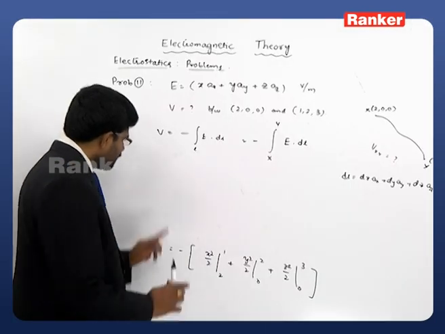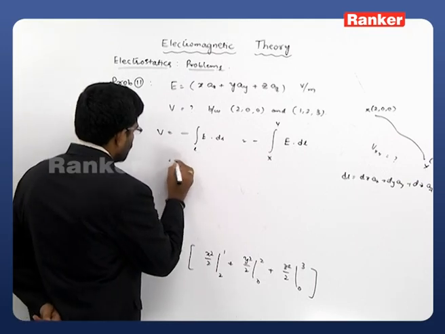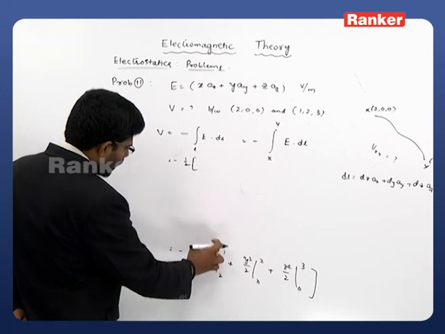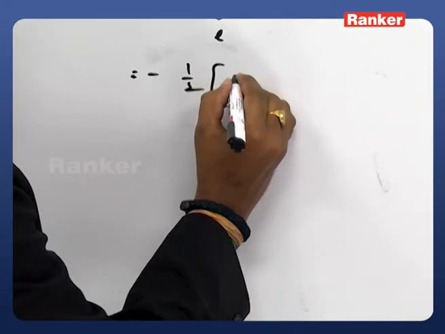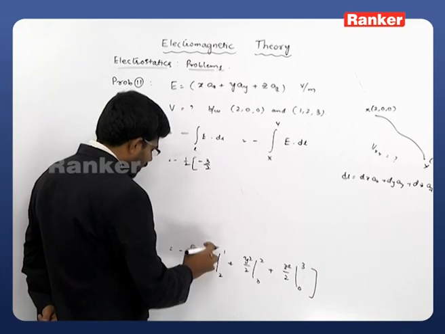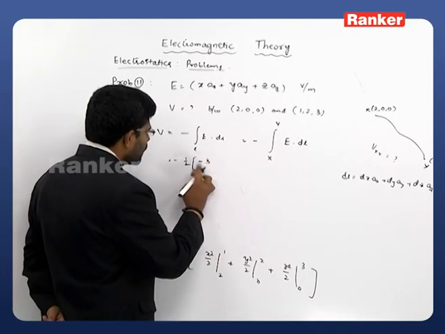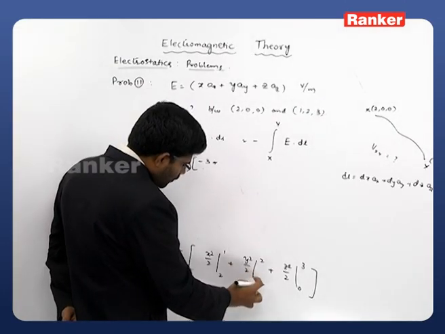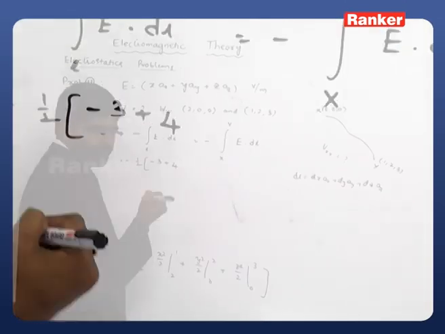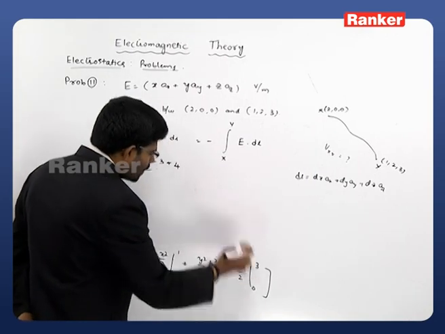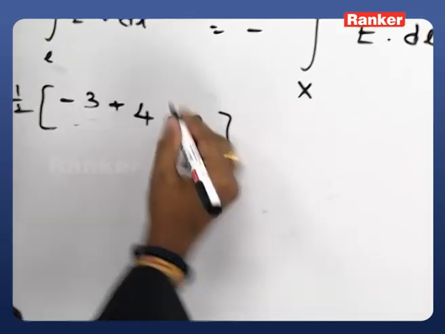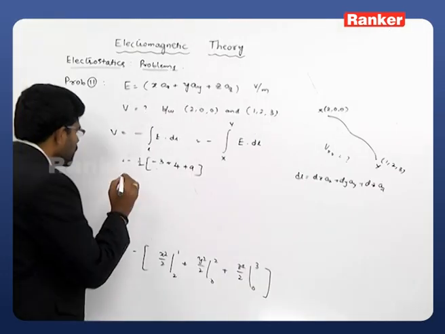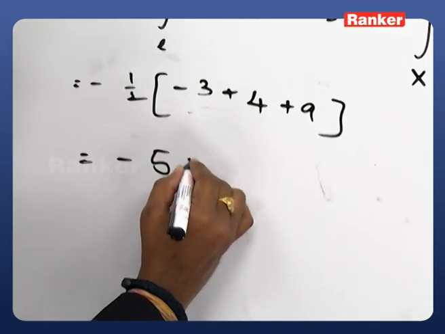Now simplify: taking 1 by 2 common, 1 minus 4 gives minus 3, plus 4 minus 0 which is 4, plus 9 minus 0 which is 9. So this is 13 minus 3, that is 10, 10 by 2, which equals minus 5 volts.